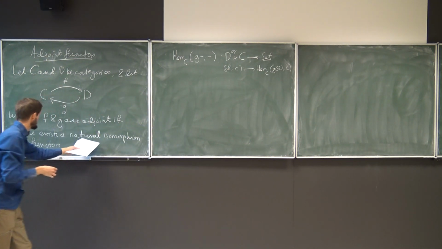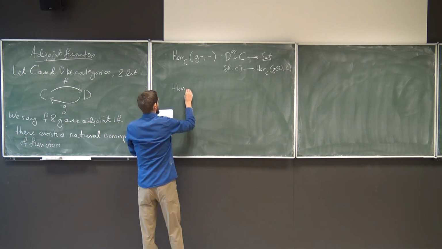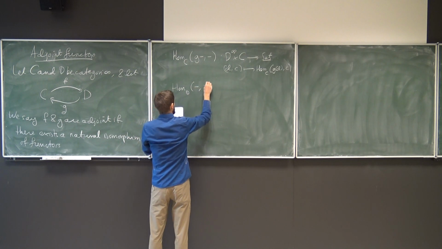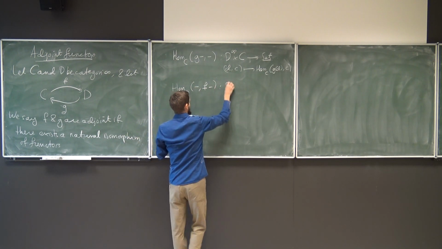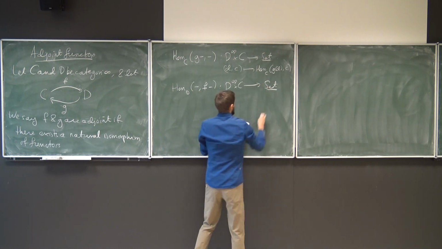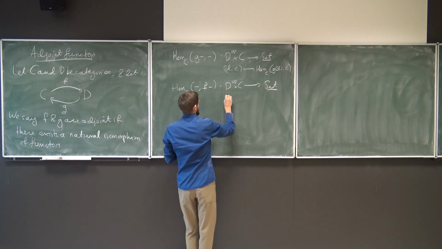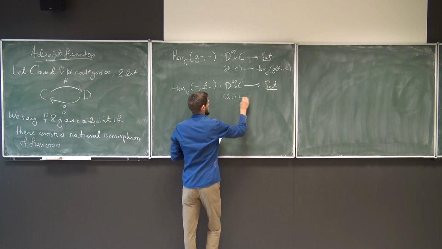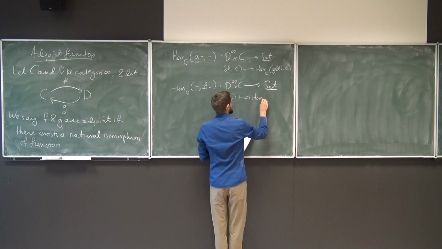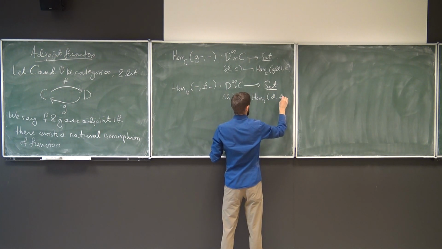So I said a natural isomorphism of functors. I better give a second one. It has the same source and target, and here it's going to send (d, c) to hom in D from d to F of c.